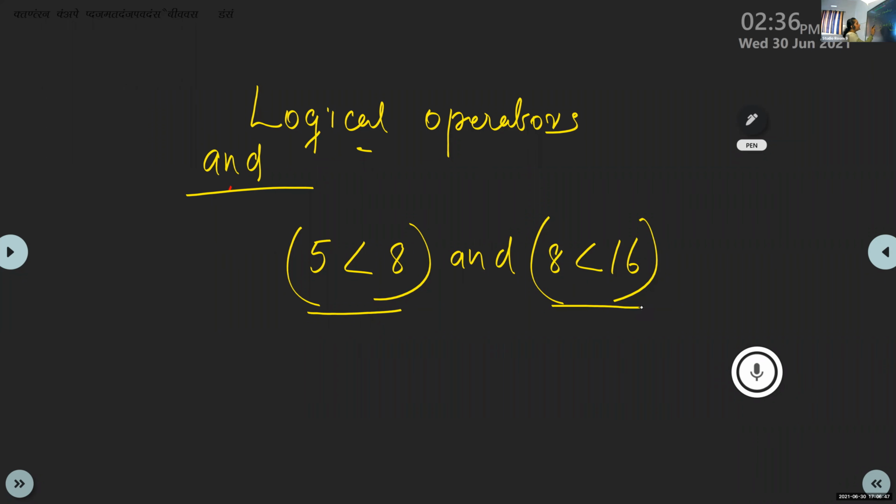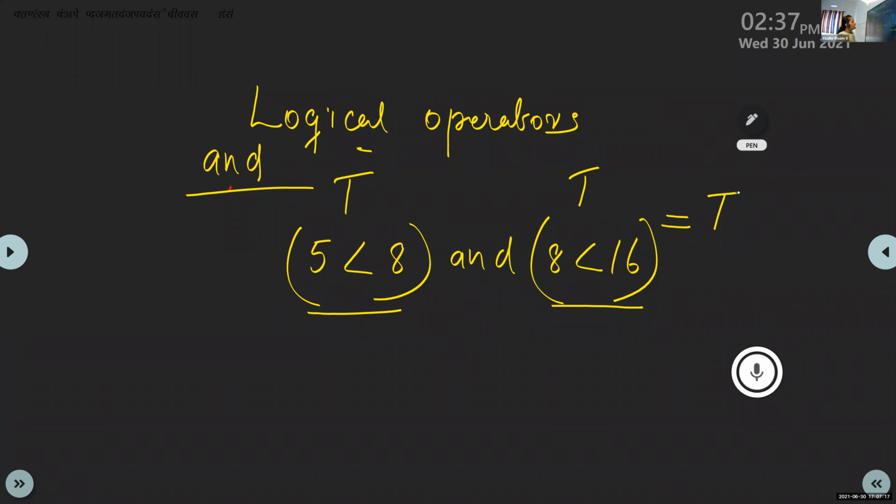Then it will check the first relational expression. Is 5 less than 8 true? True. So the result of the first operand is true. Then what about the second value? 8 less than 16. True. It is again true. So if both the values are true, then the result is true.